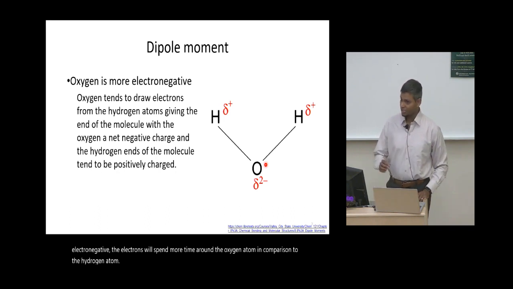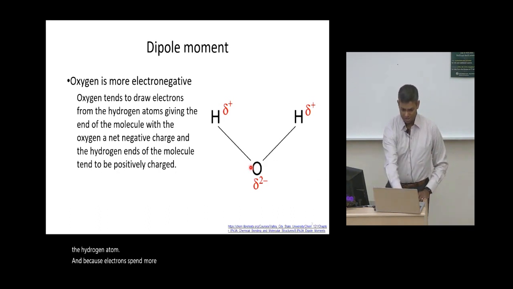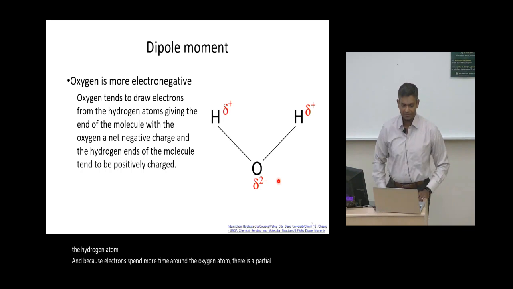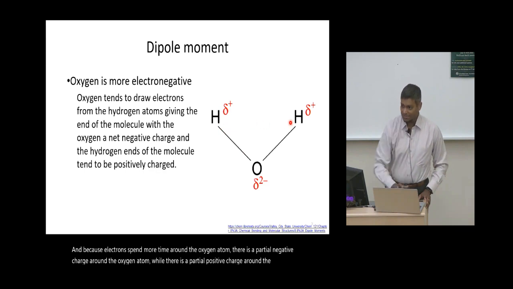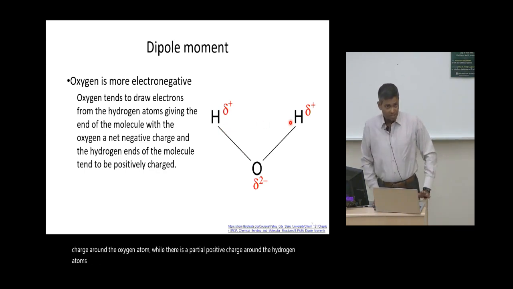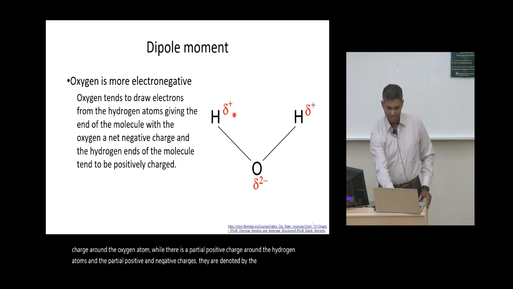And because electrons spend more time around the oxygen atom, there is a partial negative charge around the oxygen atom, while there is a partial positive charge around the hydrogen atoms. And the partial positive and negative charges are denoted by this delta plus and the delta minus.